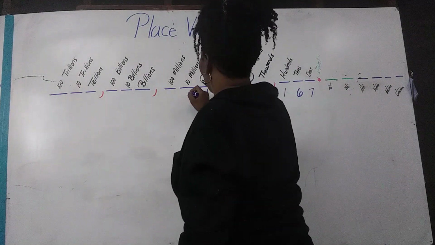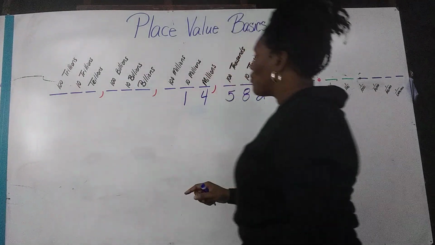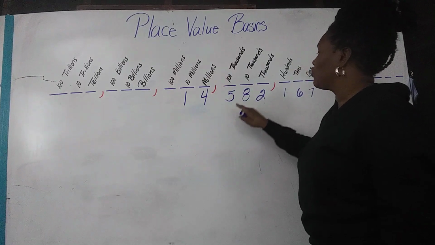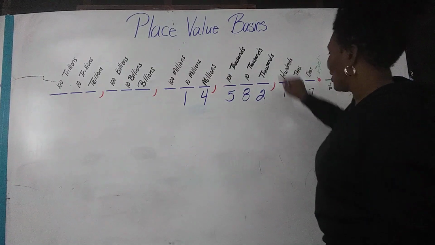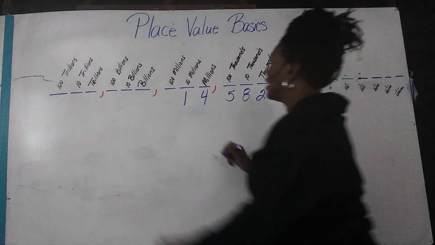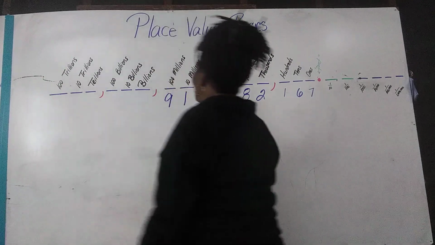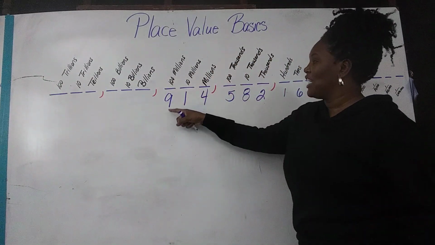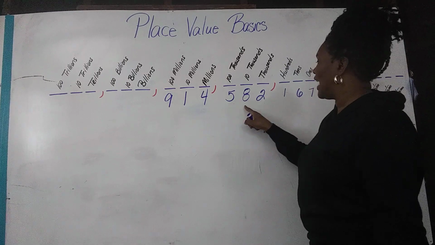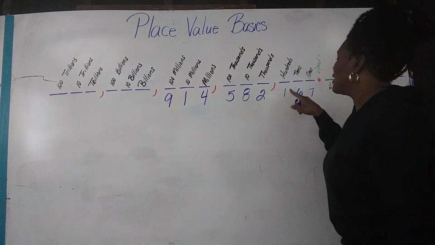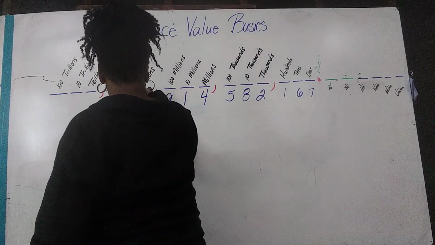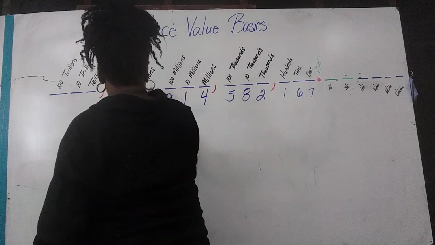Let's put another number. Let's add another one. Now we have 14,582,167. Okay? Let's put another number. We read this number 914,582,167. Let's put another number. Let's add another 4.